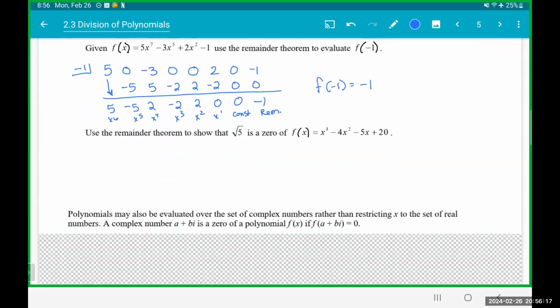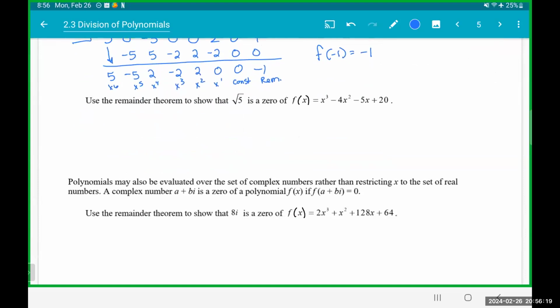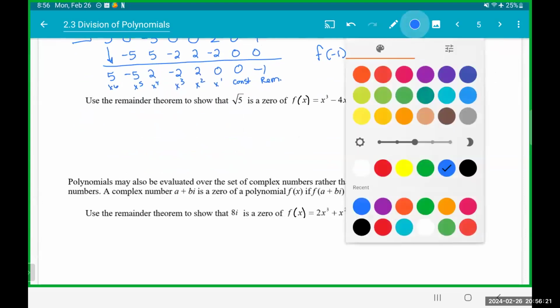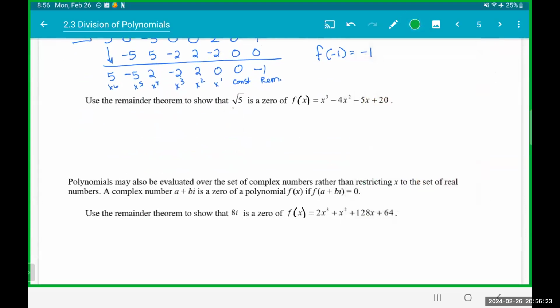Okay, a couple more examples. This one, if you notice, says show that this is a 0. Well, c is a 0, right? So if it tells me it's a 0, I plug it specifically into the box. If I say it's a factor, then I have to say what makes it a 0, right?